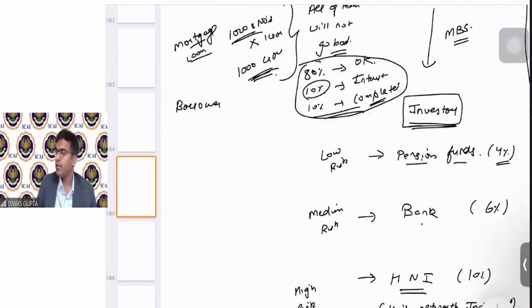Now the way SPV wants to take it ahead is that SPV will say, let me also read my book value. After reading the book value, SPV is confident that I will have 80, 10, 10 the way I've mentioned. So what SPV will do is simply create tranches.